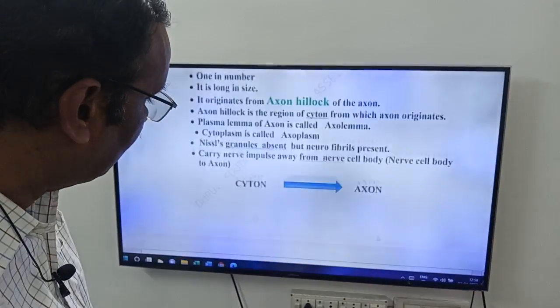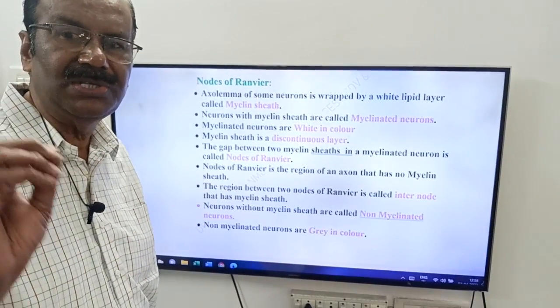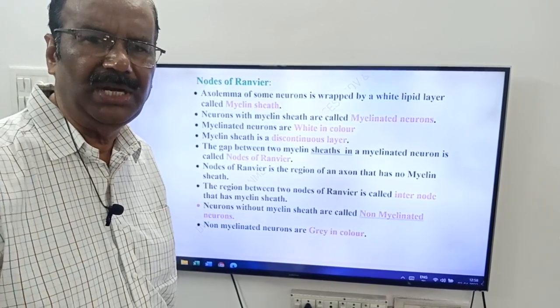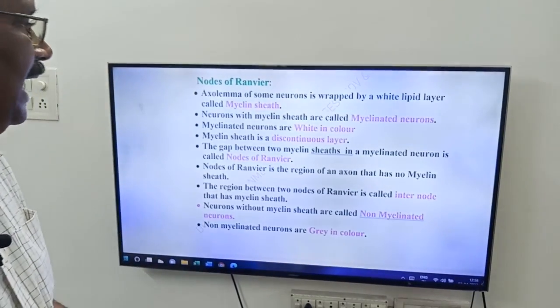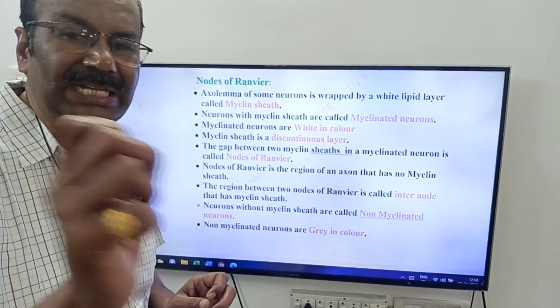Okay friends, this is about the axon. Now see one more important point, friends: nodes of Ranvier, very important. The axolemma of some neurons, not all neurons, is wrapped by a white lipid layer.